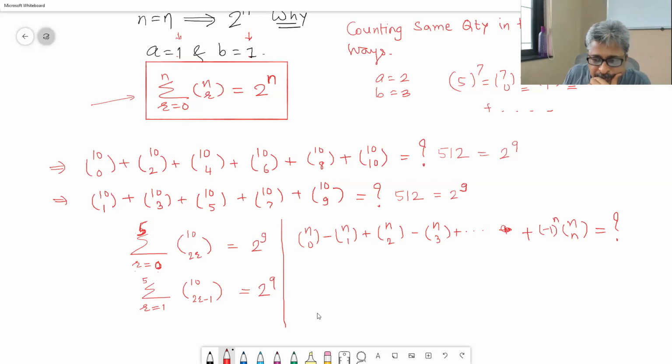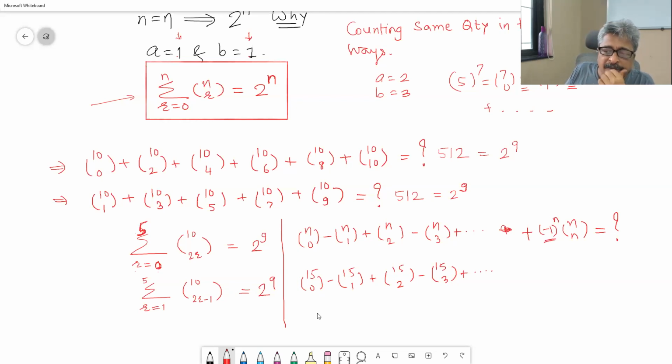For example, for numerical, 15 choose 0 minus 15 choose 1 plus 15 choose 2 minus 15 choose 3. Suppose I want to do it like this, and 15 is an odd number, therefore 15 is an odd number. Is this correct?